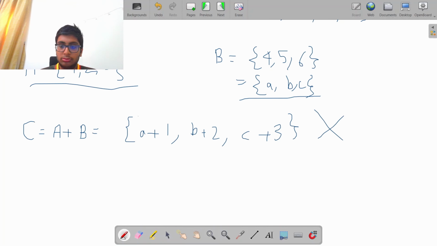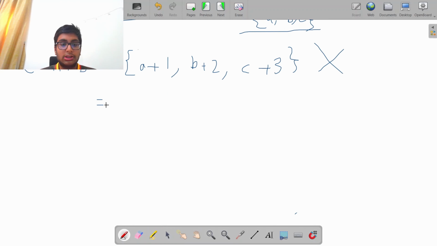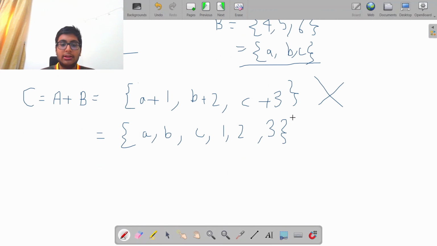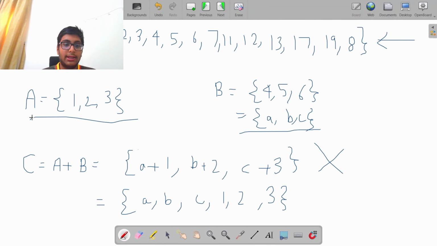This is wrong. What the correct answer would be, in our case, is A, comma, B, comma, C, comma, 1, comma, 2, comma, 3. Basically, we are making a bigger set that includes both the elements in A and also the elements in B. That's what simple addition means.